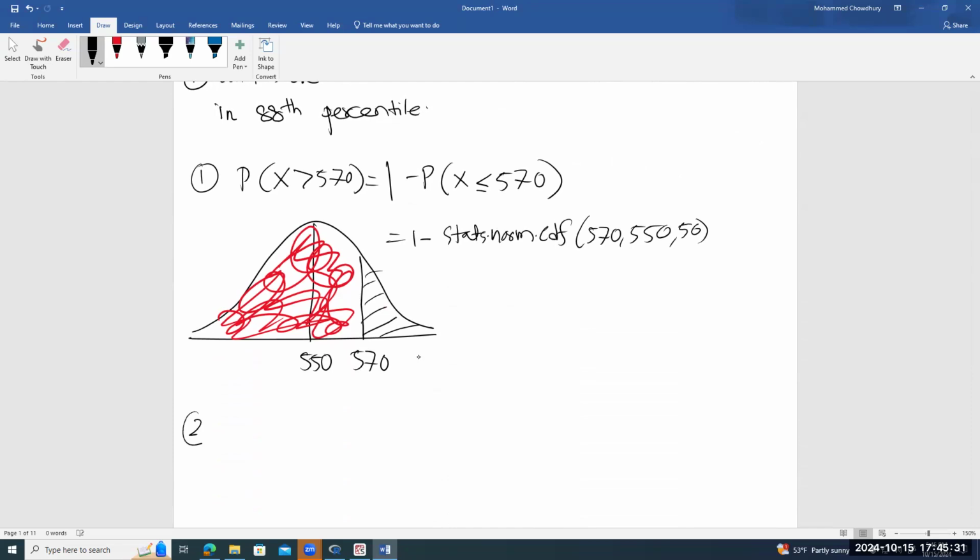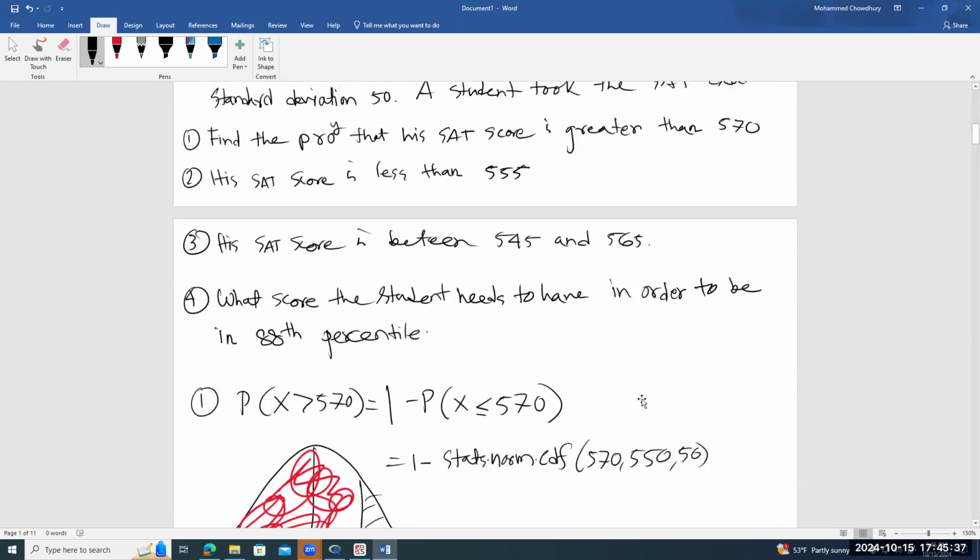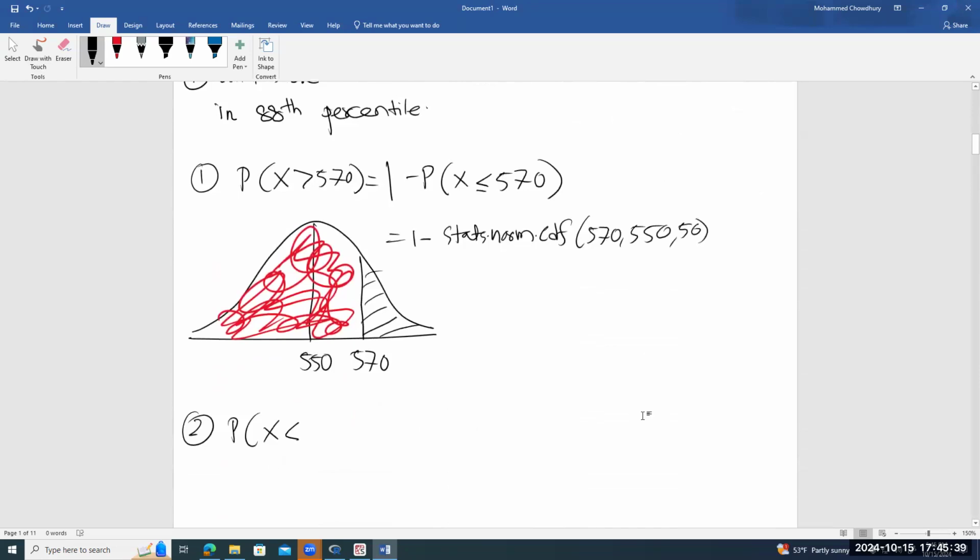Number 2, X less than 555. Where did the 50 come from? This is the standard deviation. This is the mean, and this is the standard deviation.